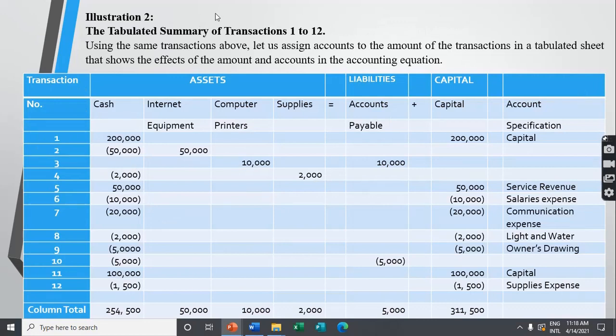So, using the transactions above, yung transaction na binasa natin, yung in-analyze natin kanina is, let us assign accounts to the amount of the transactions in a tabulated sheet that shows the effects of the amount and accounts in the accounting equation. So, ang accounting equation natin is asset is equal to liabilities plus capital, di ba?